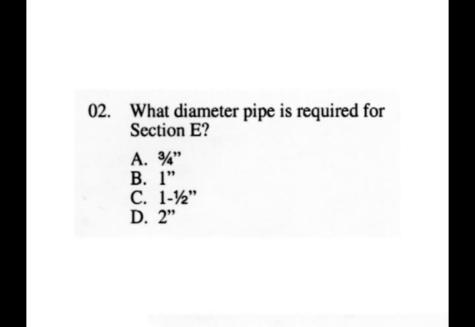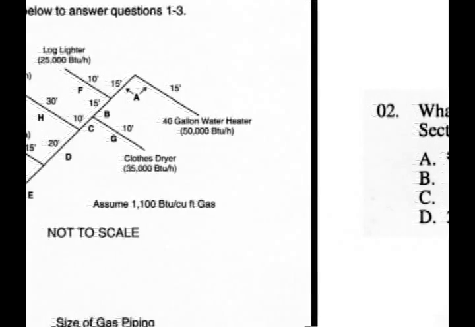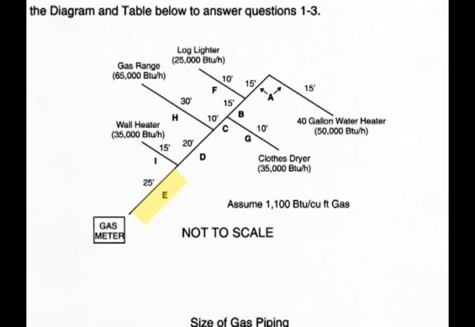Question 2. What diameter pipe is required for section E? Now looking at the diagram, section E is the beginning pipe. So we need to know how many appliances it is going to serve. It's actually going to serve all 5 appliances. So we take all 5 appliances and figure out the BTUs that each one uses and add those up.